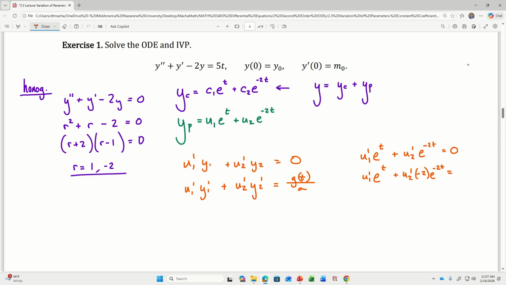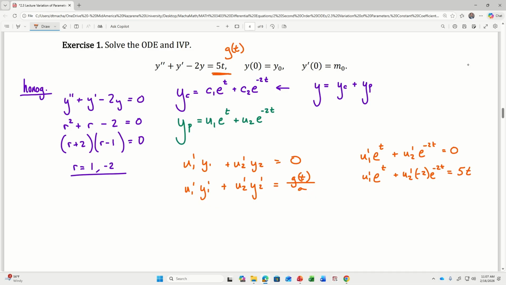The g of t is referring to what? Yeah, this is g of t. So that's 5t. What is a? Yeah, this is just 5t divided by 1, since my leading coefficient is 1.